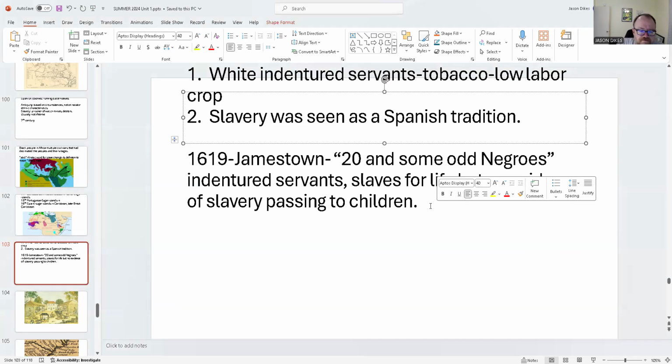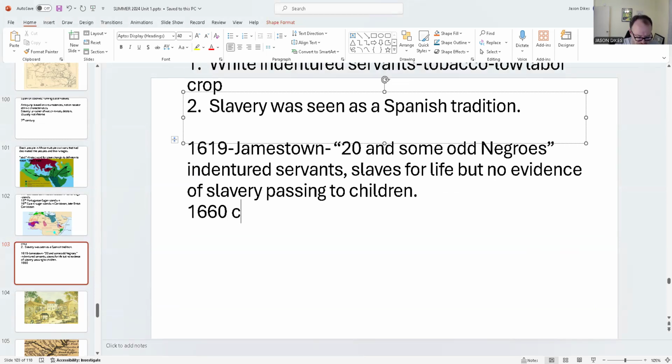But a survey done around 1660, a census, listed black servants, but the problem is the word for servant was the same word used for slave. So we really don't know if some of them were slaves or some of them were simply indentured servants.